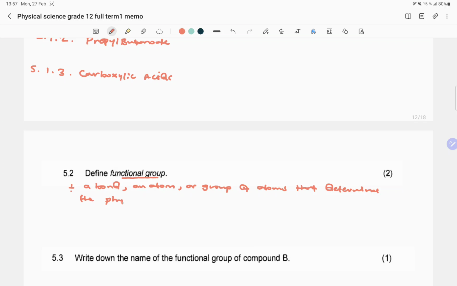the physical and chemical properties of a group of organic compounds. Okay, so we're talking about organic compounds here. So remember, this can be a bond, as in double bond or triple bond in the carbon chain, or it can be an atom as a substituent like in haloalkanes, or a group of atoms like in alcohols or carboxylic acids.